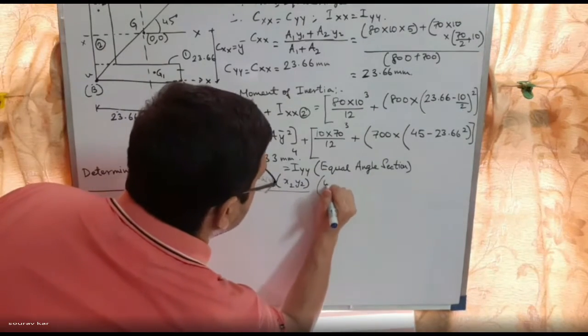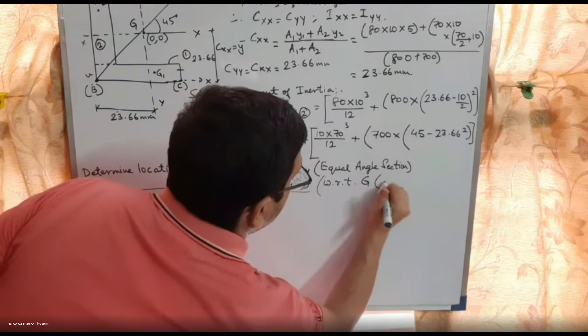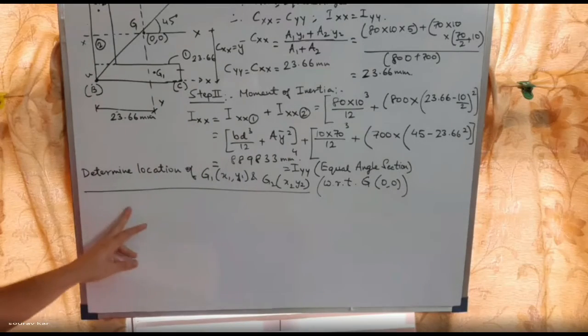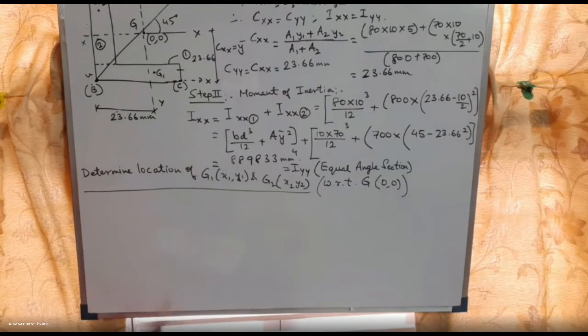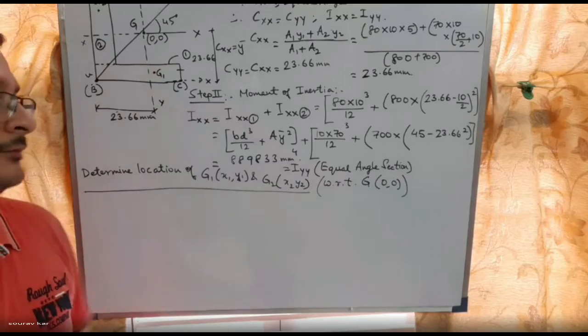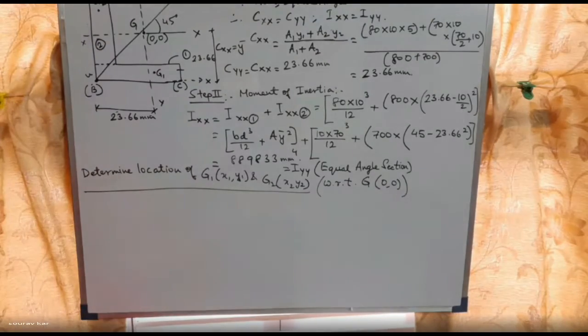Okay. Obviously, we are calculating with respect to the centroid, the CG of the whole body. We are determining the location of G1 and G2 with respect to the CG of the whole body, having the origin 0, 0.